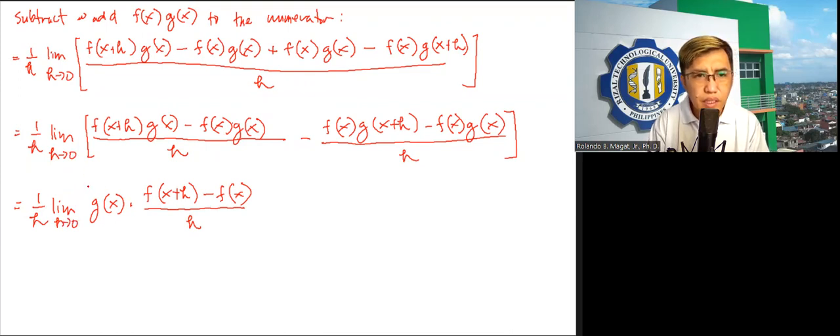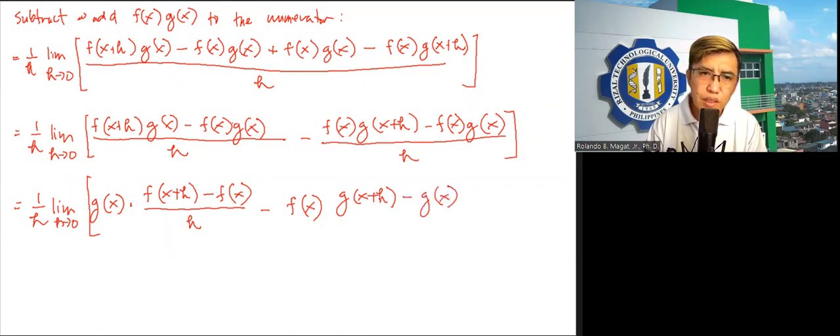And then on the other side, minus, the common factor is f of x, times g of x plus h minus g of x all over h.